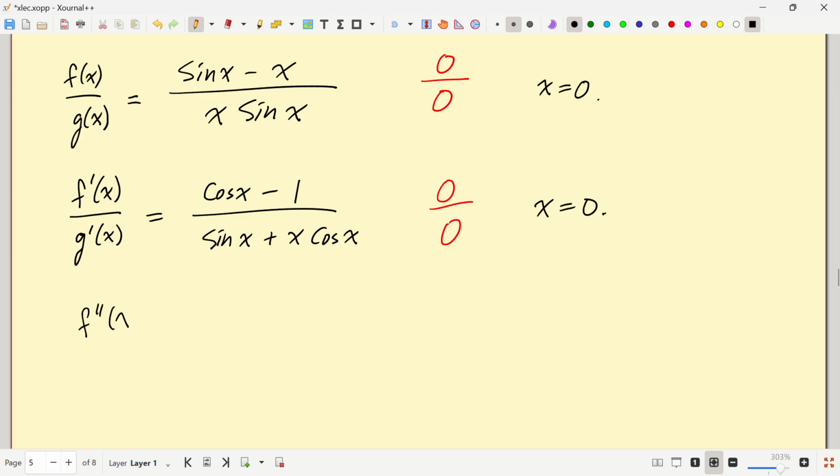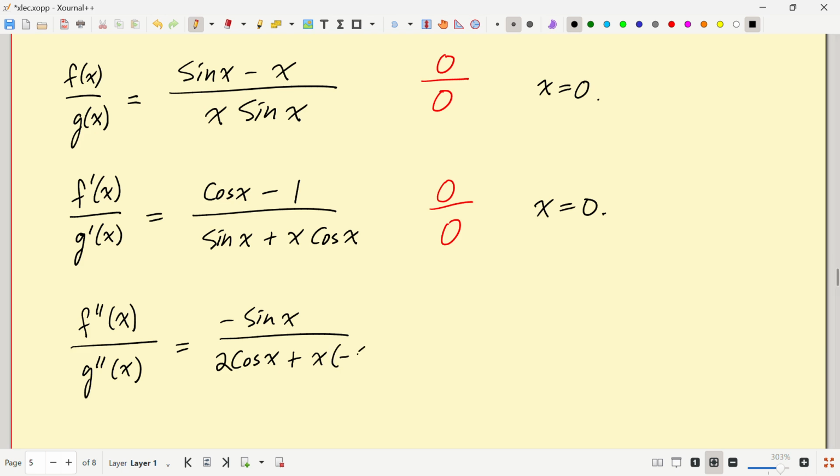then I get f double prime over g double prime. The derivative of cosine would be minus sine of x. The derivative of sine is cosine x. Let's see, I'd get 2 cosine x from the other one plus x times minus sine of x.